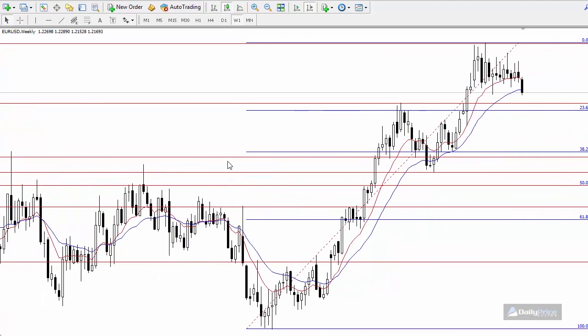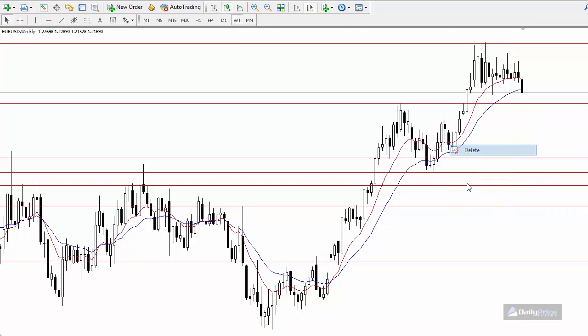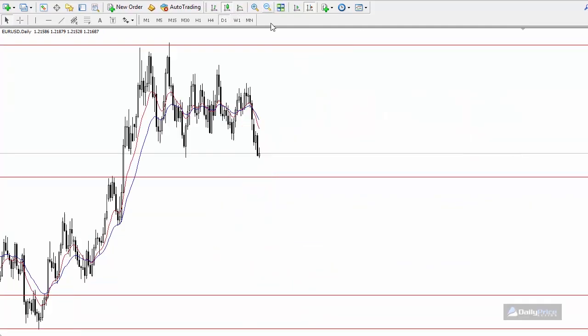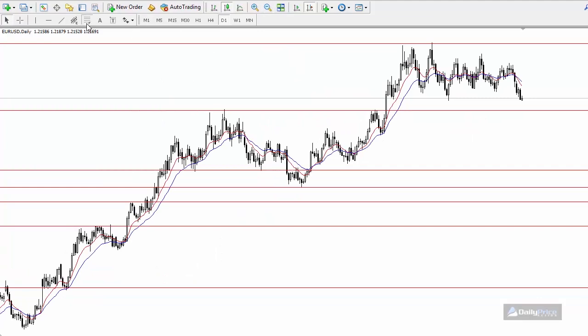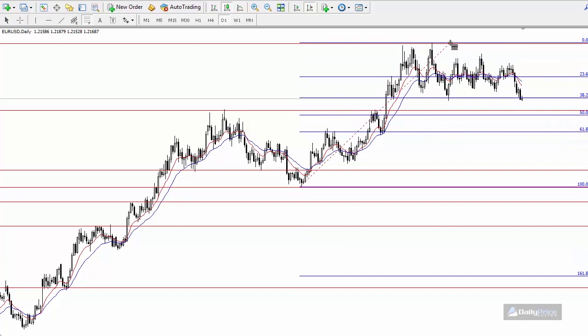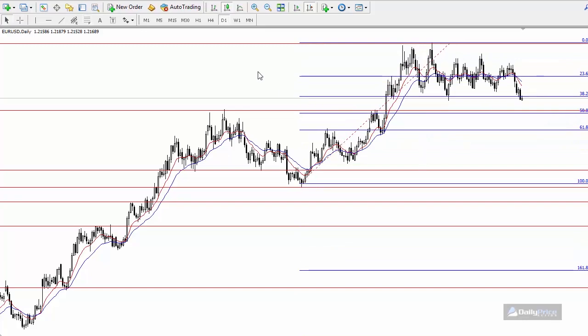So again, it's pretty rough right now, but I would go ahead and fill in the rest of these levels on my chart. And what you can do too is come in here and draw from this low to this high and double check your levels.